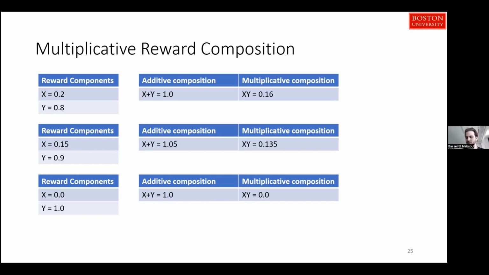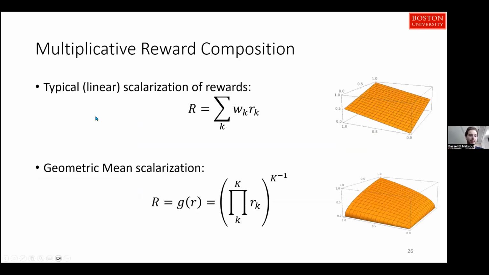Actually there is a much nicer structure here that generalizes both the geometric mean and the linear scalarization. If you take something called the generalized mean, then both of these are an instance of it, and we actually use that in later works, but I will not get into the details.